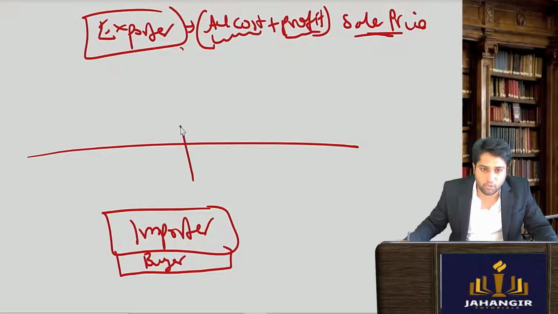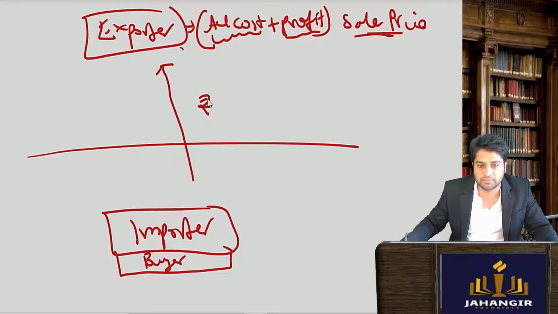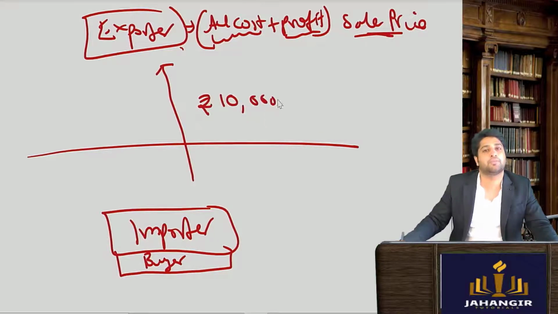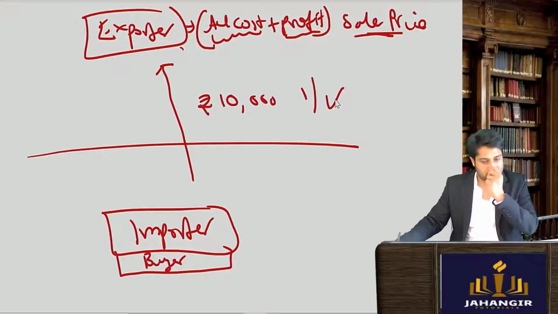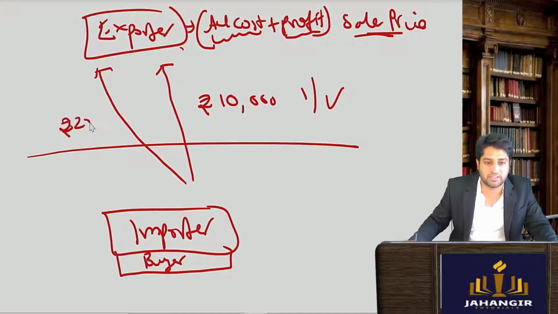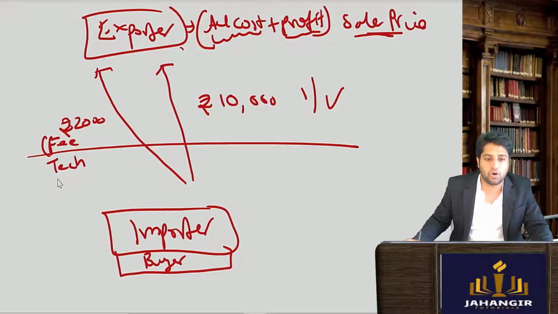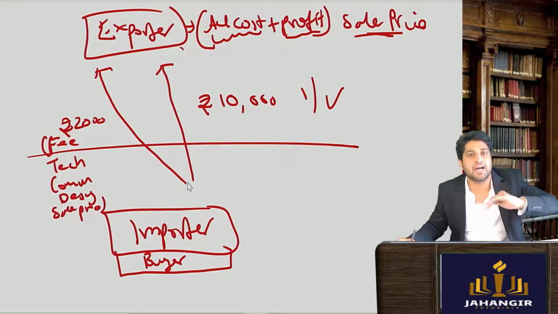So if the importer is paying rupees 10,000 to the exporter in the invoice value, but is also paying to the exporter certain other sale proceeds, 2,000 rupees, as royalty fees or technical charges, or some commission to the agent, or some designing charges, or a subsequent sale proceed, separately जा ही रहा है ना, he is paying.